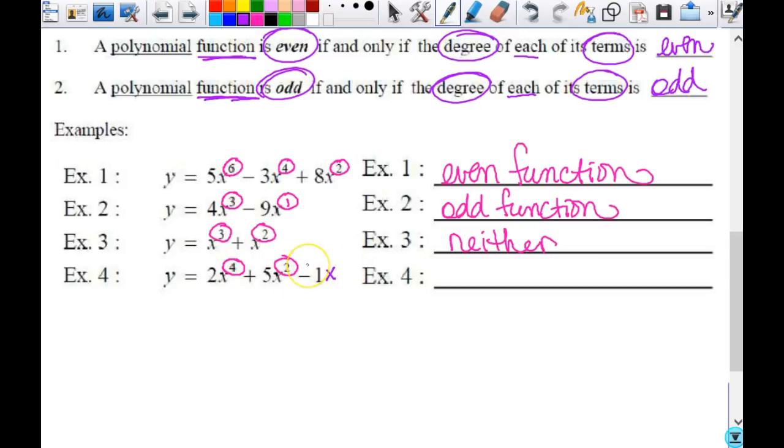It would be 0, because anything to the 0 power is 1. X to the 0, a million to the 0 power is 1. Everything to the 0 power is 1. So looking at those then, is this even, odd, or neither? Even. This is an even function.